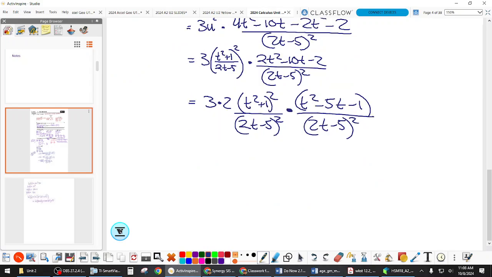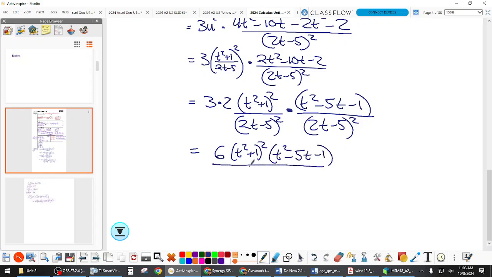All right, anything else? It's not going to get a whole lot prettier. We could make this be a fourth power. 6 t squared plus 1 squared, t squared minus 5t minus 1. I don't know if that's much better, but there might be an option on the multiple choice, whereas the previous steps were not, right?